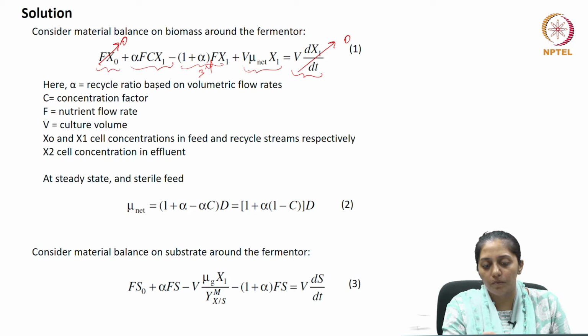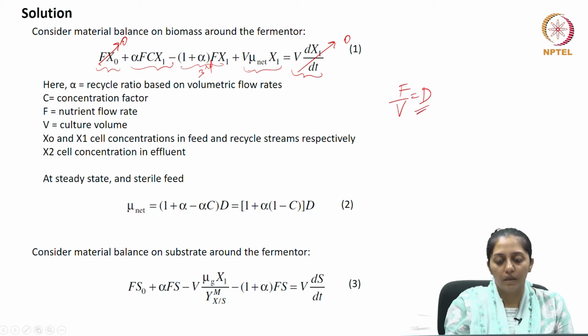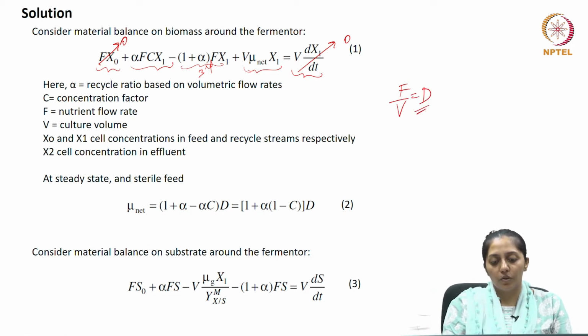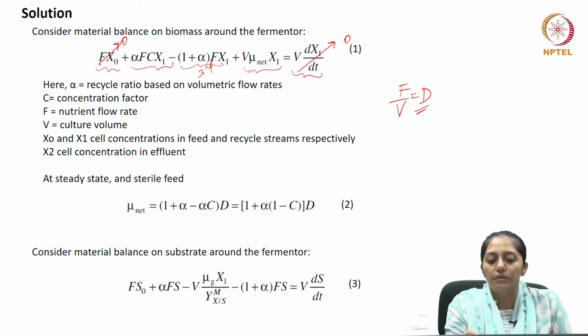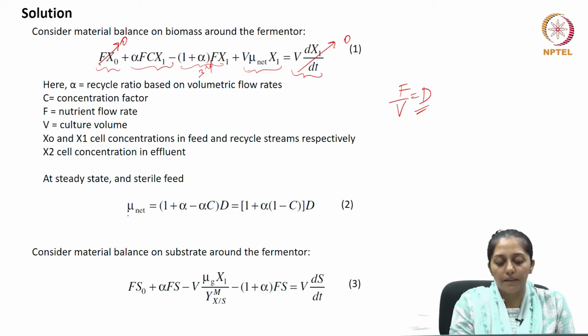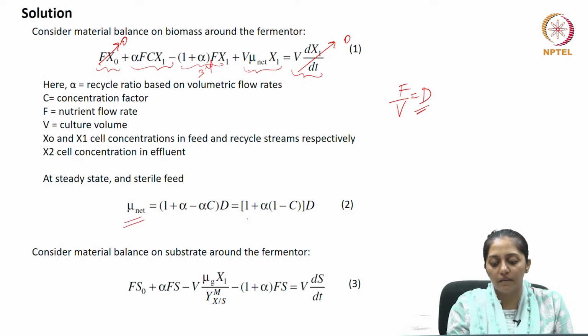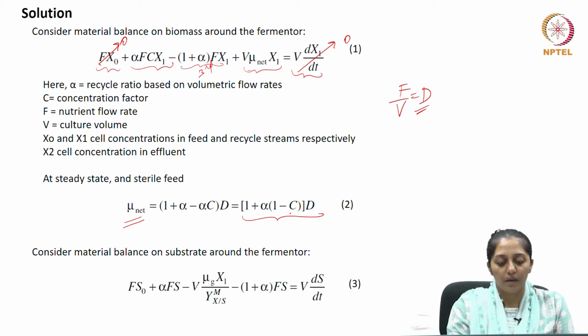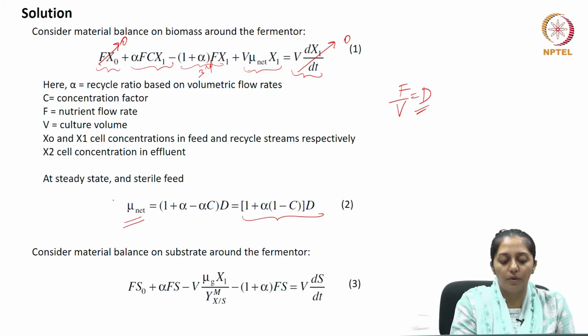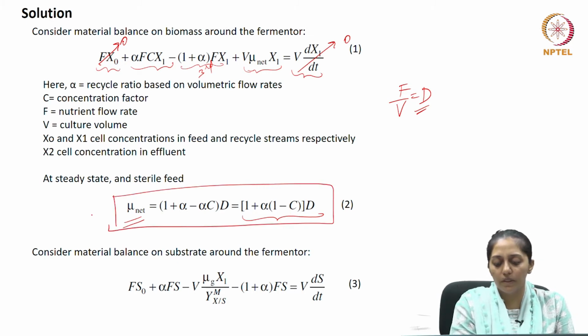If we do these equalities and put F by V as notation D, the dilution rate, as in the chemostat with no cell recycle, then we can determine the correlation in a cell recycle system shown here between the steady state specific growth rate and the dilution rate. So, at steady state, this will be the correlation which will hold true for this system.